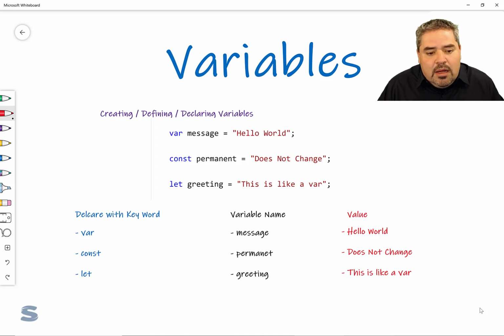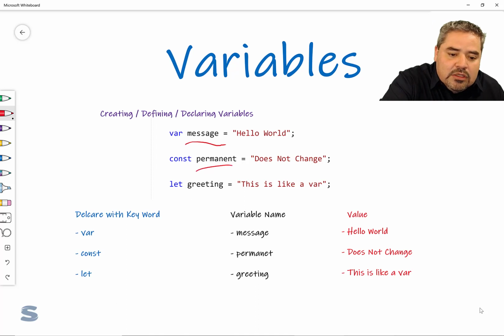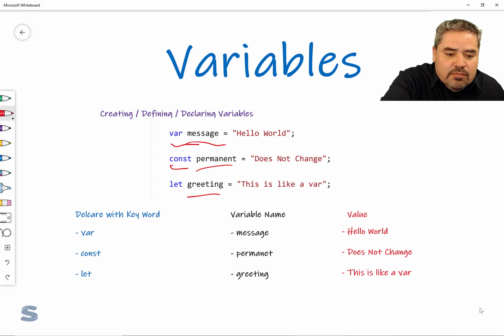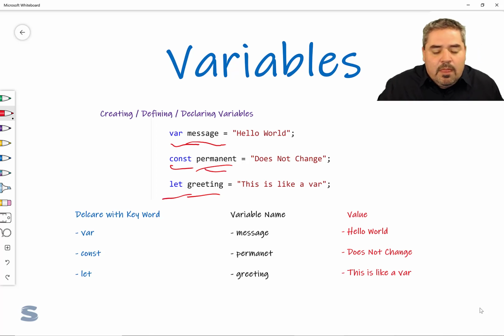The next part about declaring variables is we need to assign a name. Here I have three names. The first name is message, the second name is permanent, and the third name is greeting. The name is really important, not for the computer, but for the individual, the human being.